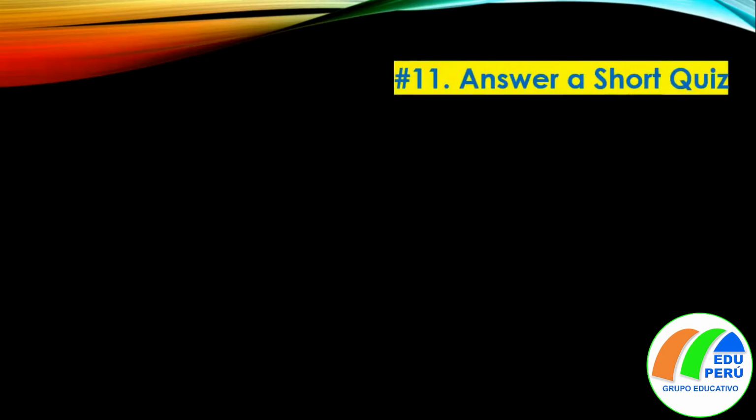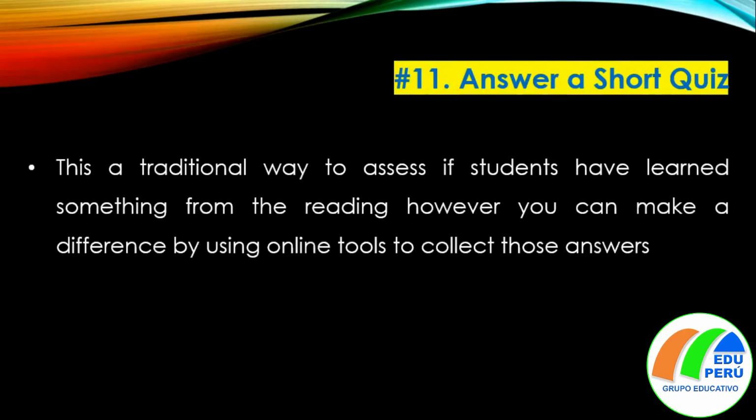Another activity that we usually use is to answer a short quiz. This is a traditional way to assess if students have learned something from the reading. However, you can make a difference by using online tools to collect those answers. Nowadays, we have a lot of platforms or apps, and you can also use your cell phone, using apps or platforms or web pages.